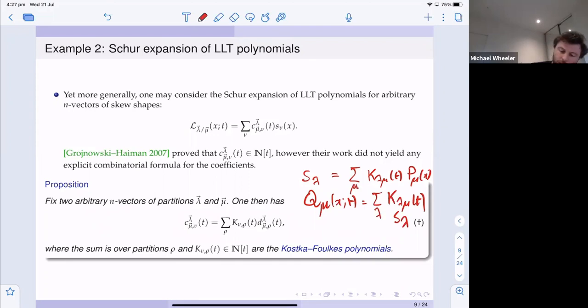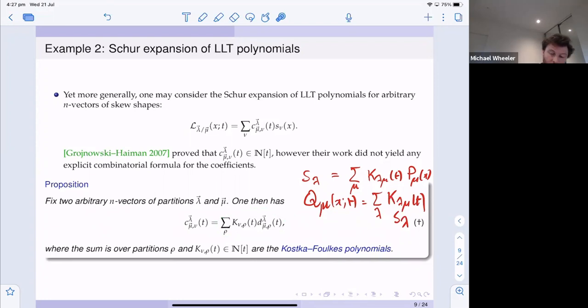Okay, so this is how you define Kostka-Foulkes polynomials, and basically using this formula here, which expands the modified Hall-Littlewood into the Schur basis, you can see that if you use this in conjunction with the main theorem that we have, you just glue the two things together and you get some sort of formula.